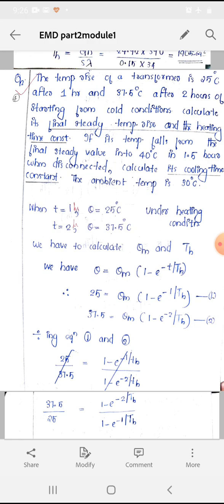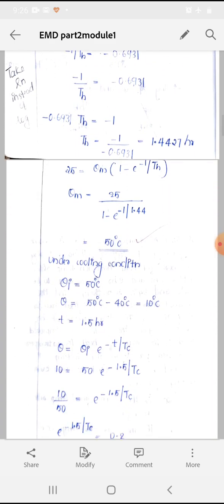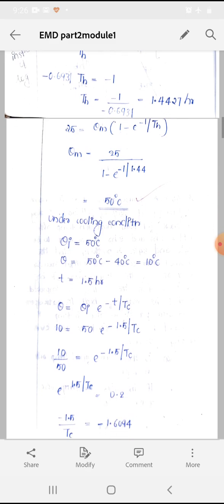So when it is disconnected, we need to find the cooling time constant. We know the cooling equation as theta is equal to theta i into e raised to minus t by Tc, where Tc is the cooling time constant.